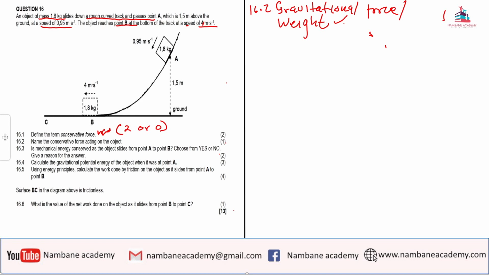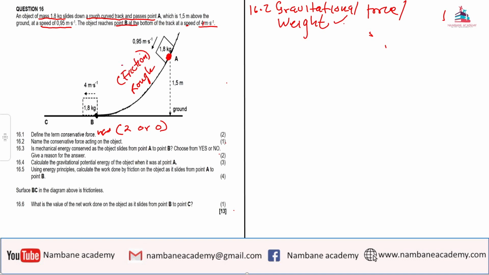At 16.3, is the mechanical energy conserved as the object moves from A to B? Now remember, A to B is a rough surface, which means we have now friction.